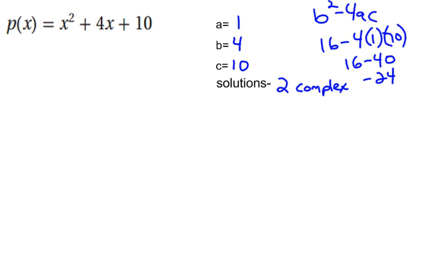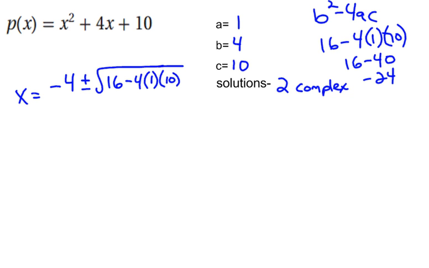So now we'll do out the formula. Negative b plus or minus the square root of b squared minus 4 times a times c, all over 2a.